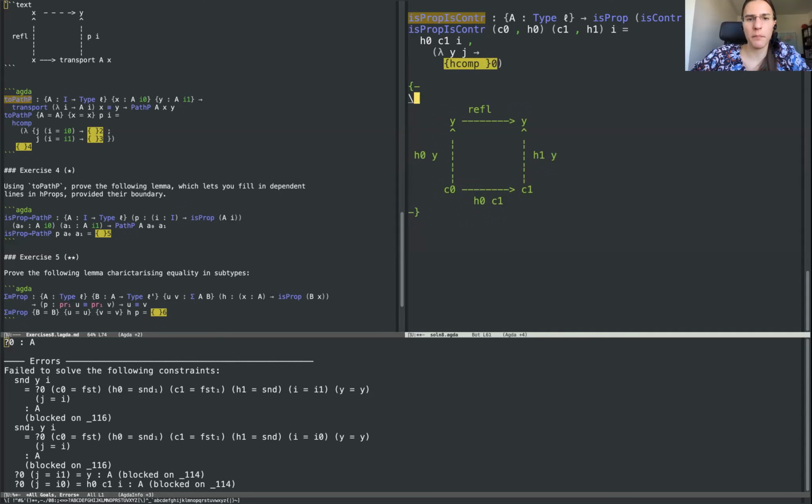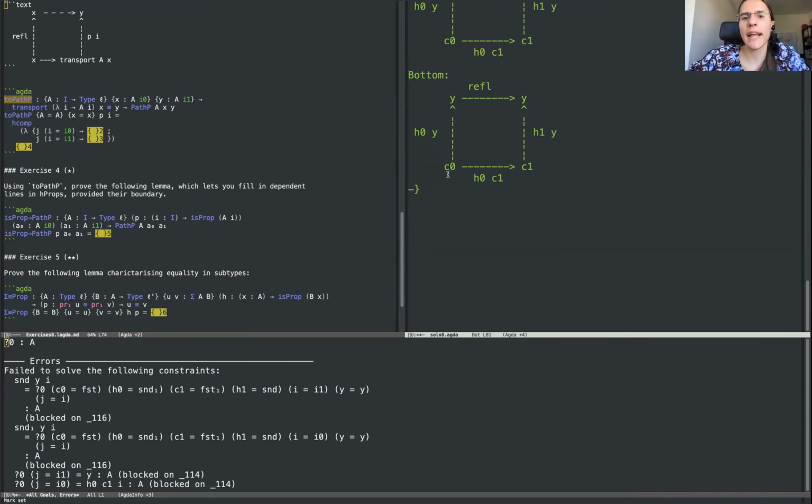So this is going to be the top. And then I'm going to have a bottom. And what I can do is, let's say, maybe there are lots of choices.